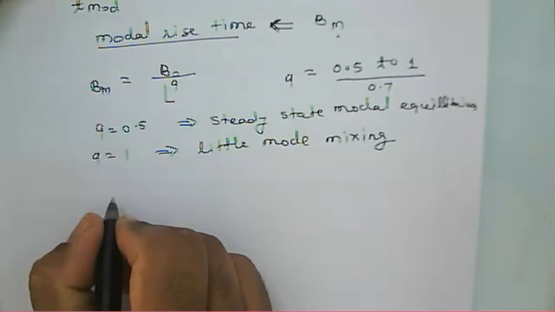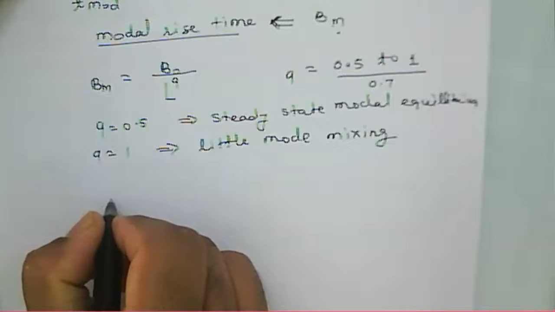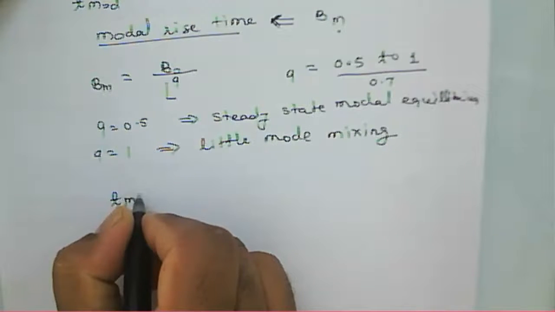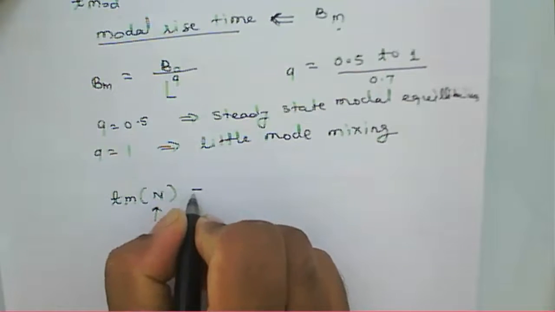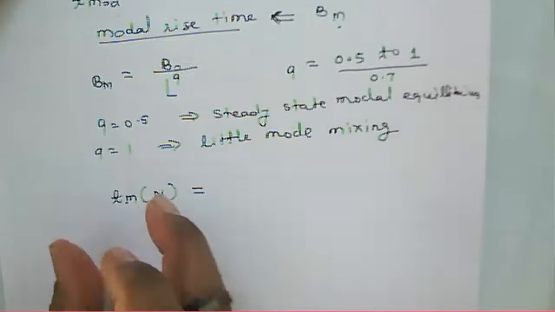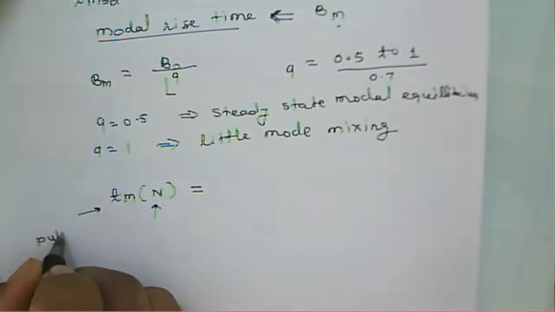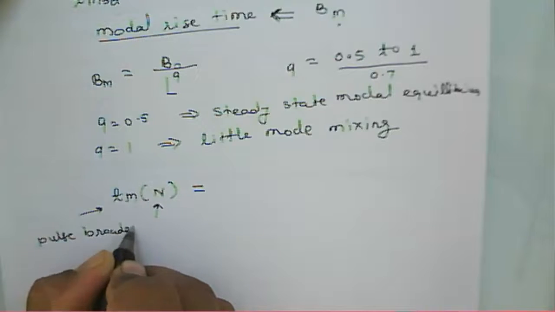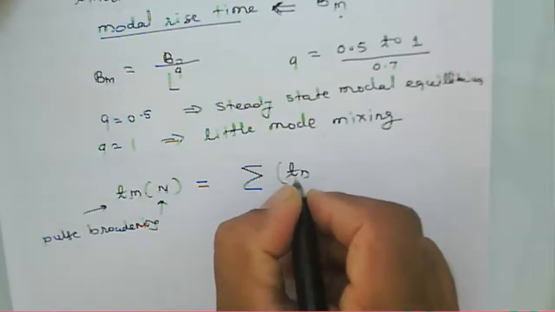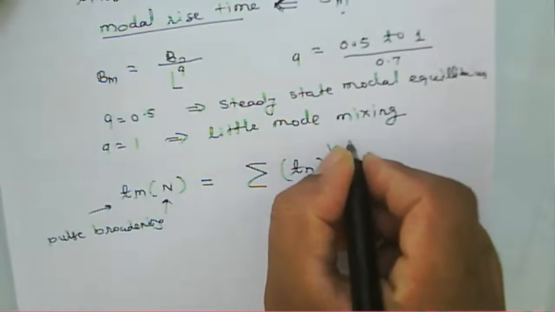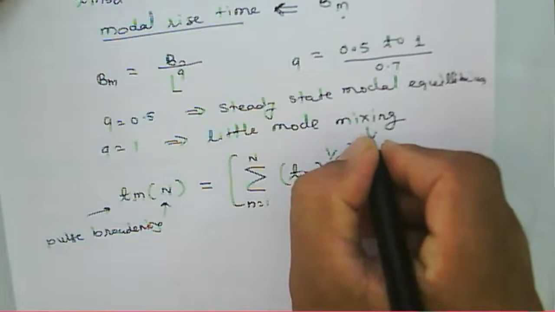So if you write here, in the range of the total fiber length, Tm of N, that is about the N sections of the fiber, is nothing but the pulse broadening. The pulse broadening is equal to the sum of Tn raised to 1 by q, n equal to 1 to capital N, all raised to q.